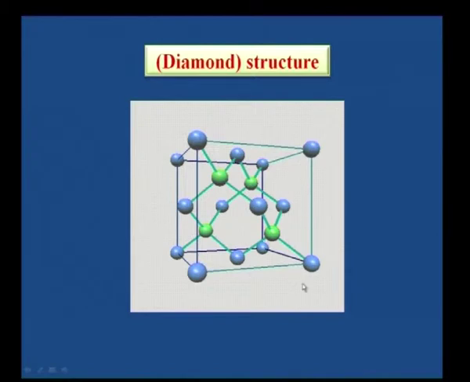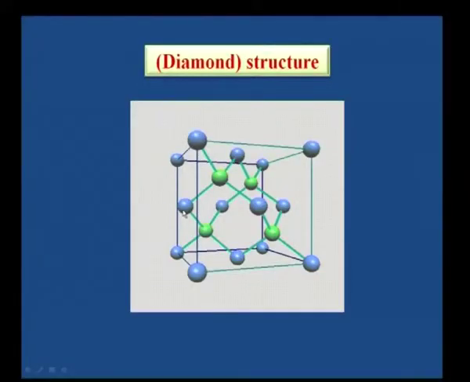This is the diamond structure, and now I am showing the unit cell. The green atoms here are all carbon, but they are found inside the unit cell, like the body centered cubic structure. This atom wholly belongs to the cell, that is the point. Similarly, the green atoms here wholly belong to the unit cell, well inside it.